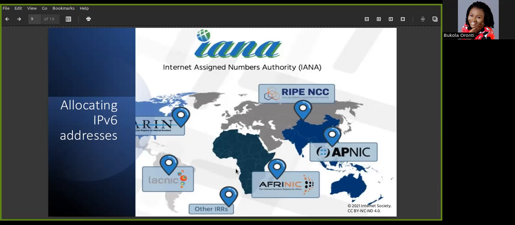So these are the 5 regions that handle the allocation of IP addresses, and they get their blocks from ICANN that manages the IANA functions now. They get it from ICANN, and then from there, they distribute to interested ISPs within their continent, for IP addresses to be used within their continent.